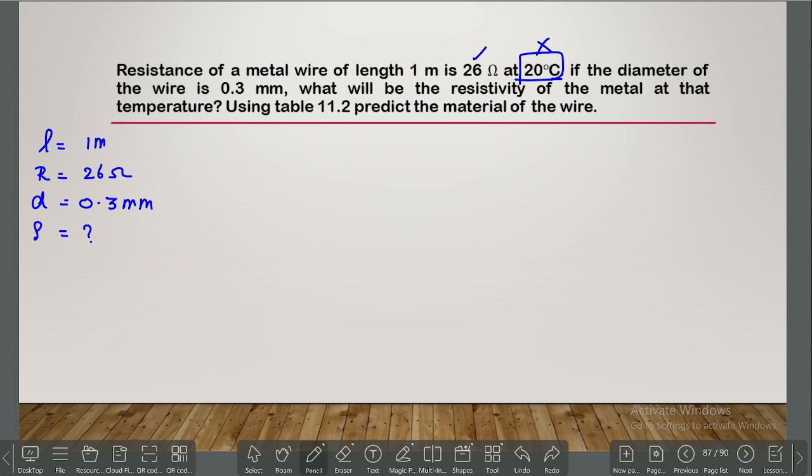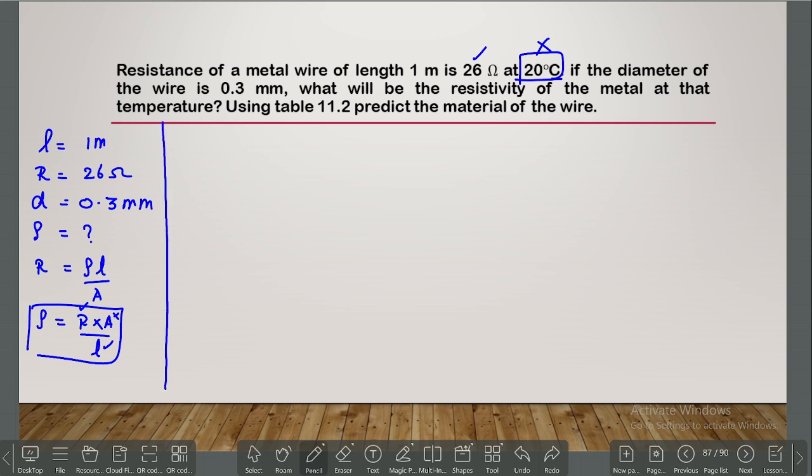So what is the formula? R equals rho L by A. If I need rho, how is the formula rearranged? Rho equals R into A by L. In the question we have the resistance and L, but the area of cross section is not there. First we need to find the area of cross section.